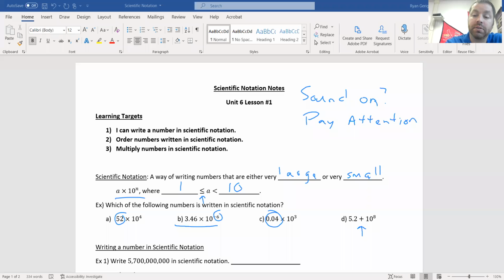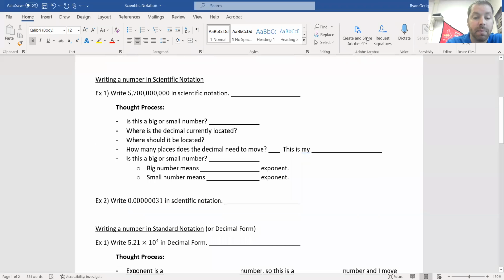I'm going to scroll down here and look at our first learning target, writing a number in scientific notation. So this is a big number, right? 5,700,000,000. We're going to write that in scientific notation. We'll come back to that blank in a second. The thought process, again, is not necessarily writing stuff down. This is just what should be going through your head.